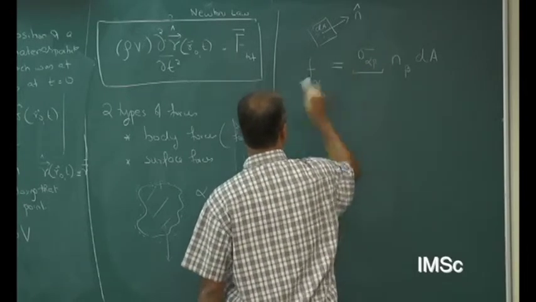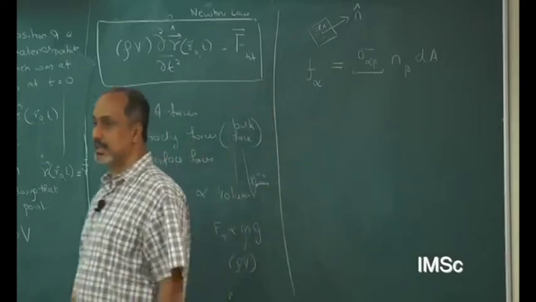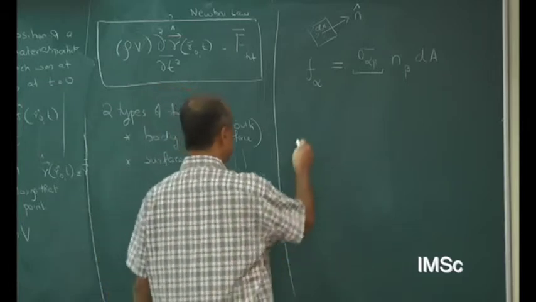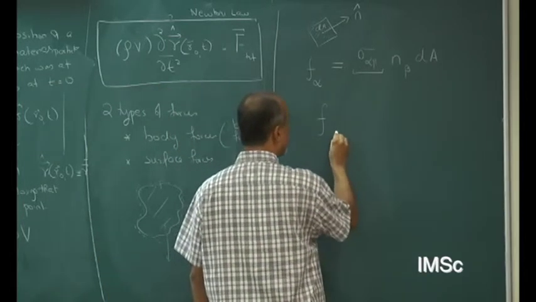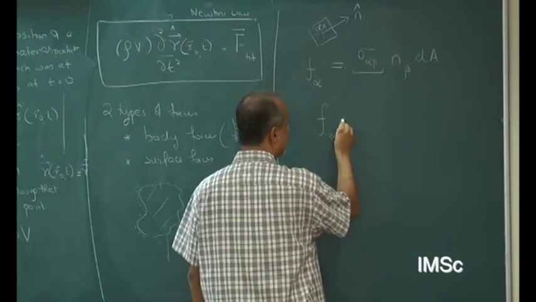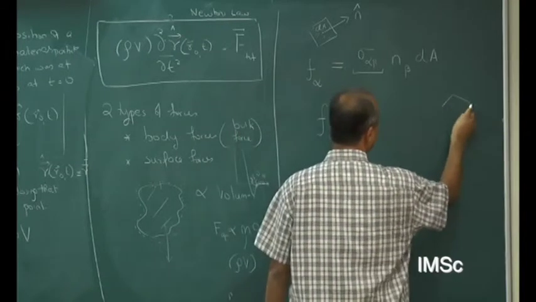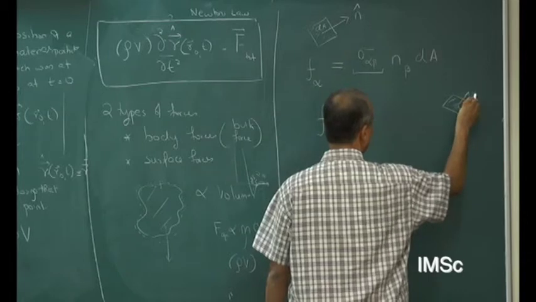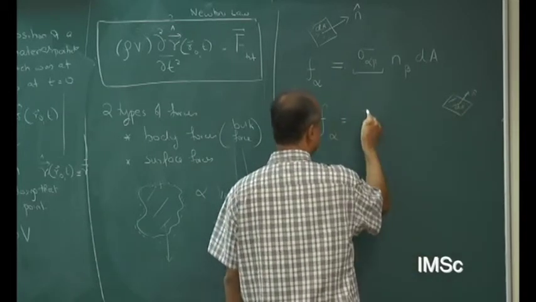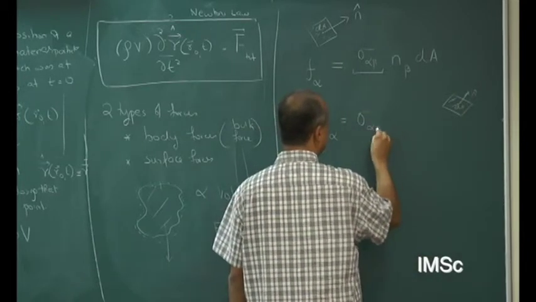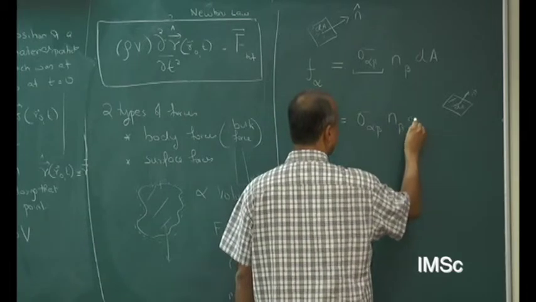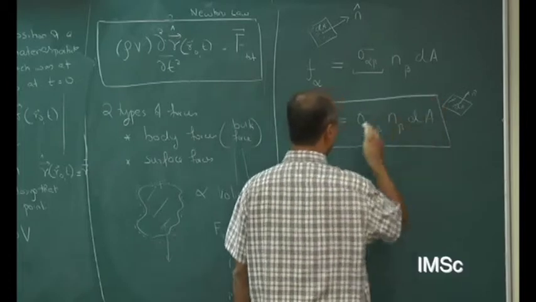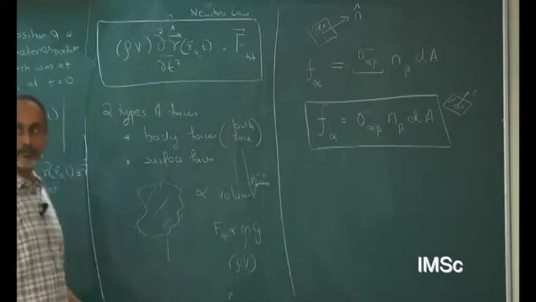Now F alpha is sigma alpha beta n beta dA. So the alpha-th component of the force acting upon a surface element of area dA with unit normal n hat is sigma alpha beta n beta times dA. So this is the representation of my surface forces.